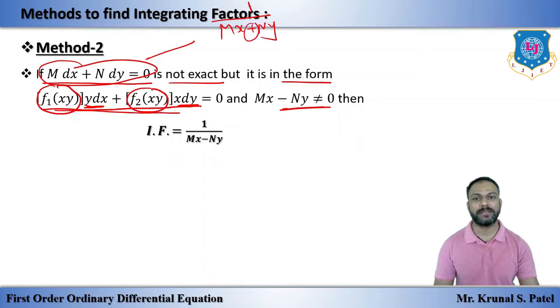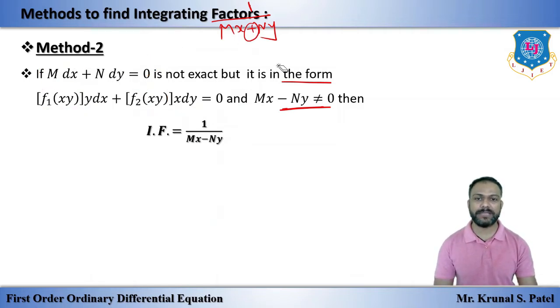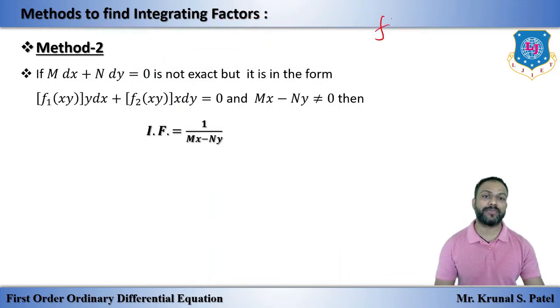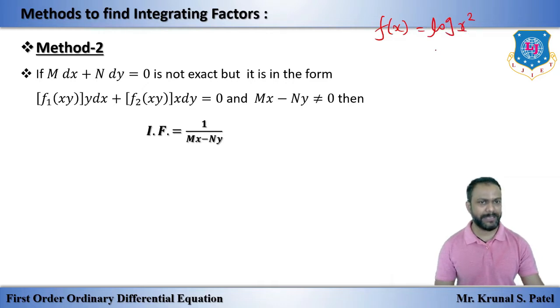So what is the difference? Plus and minus. If homogeneous, then plus, and if in this form, then minus. Okay, so what is the meaning of in this form? If I say function of x, that means we can write log x square, anything, sin x square, anything.